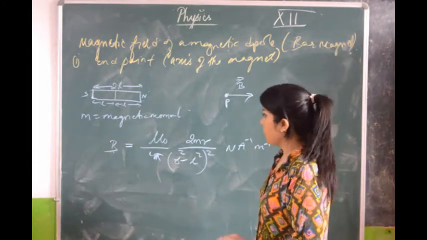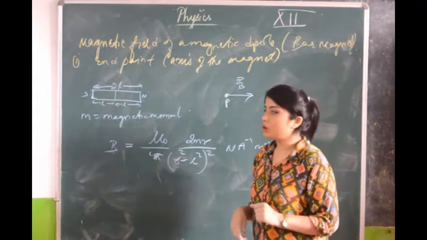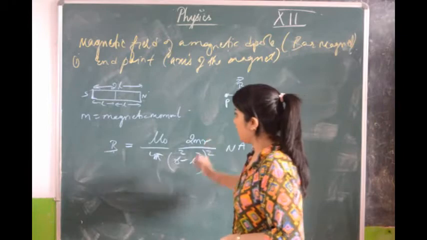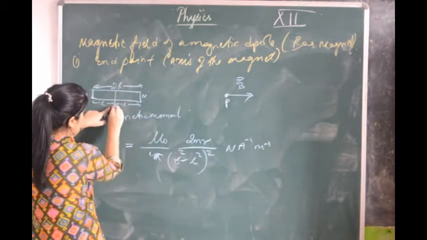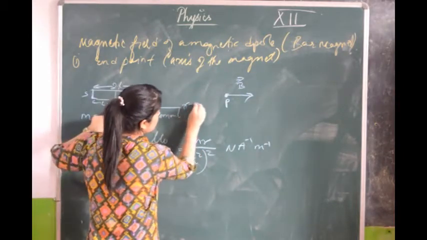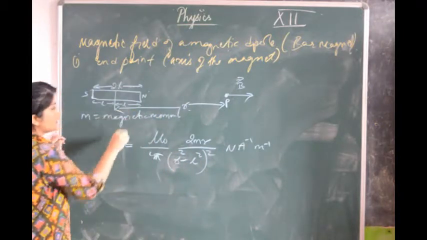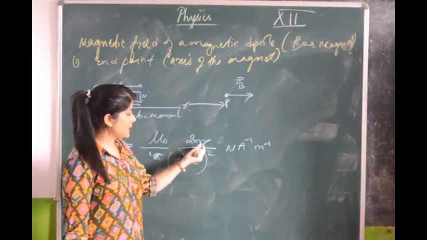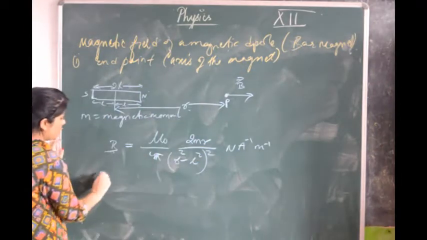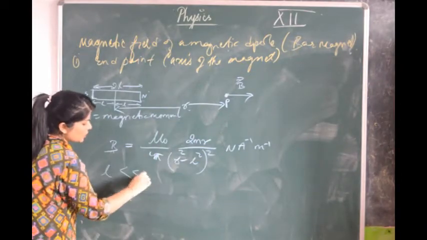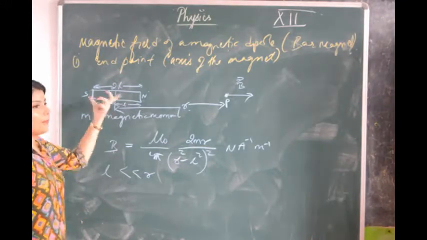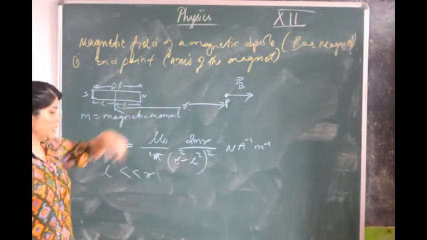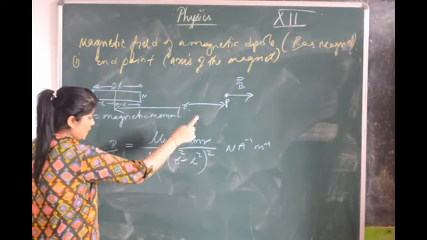Sorry, I haven't told you what R is. R is actually the distance from the center of the magnet till the point P. Now when L is way smaller than R, when the magnet is very very small compared to the point where we are measuring the magnetic field, then that L can be ignored.